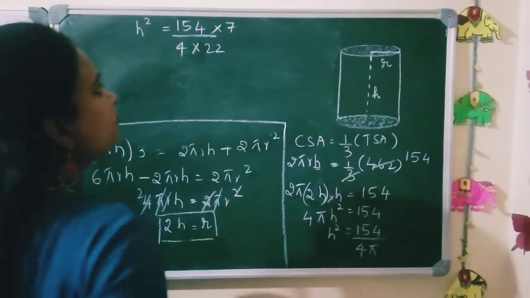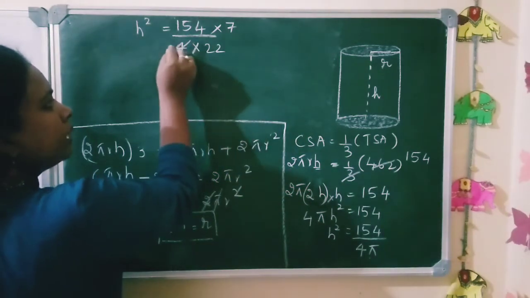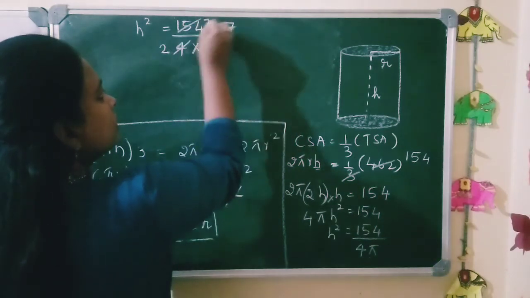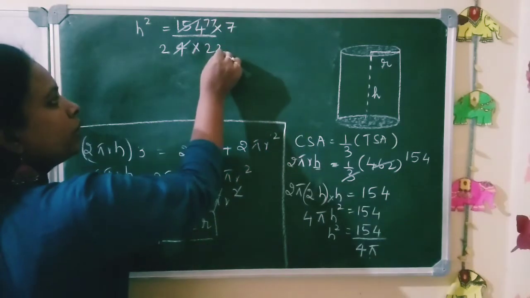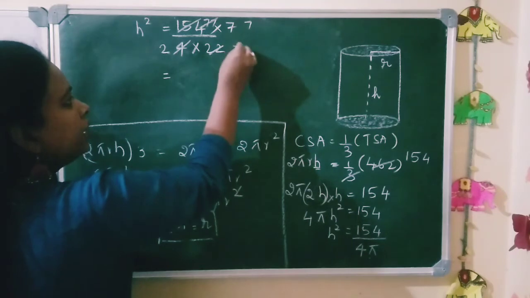Now we will simplify this. Both are divisible by 2, so it is 2 twos are, and here 7 and 7, 77s are. So now 77 and 22 you can simplify, where it will be equal to 7 and 2.